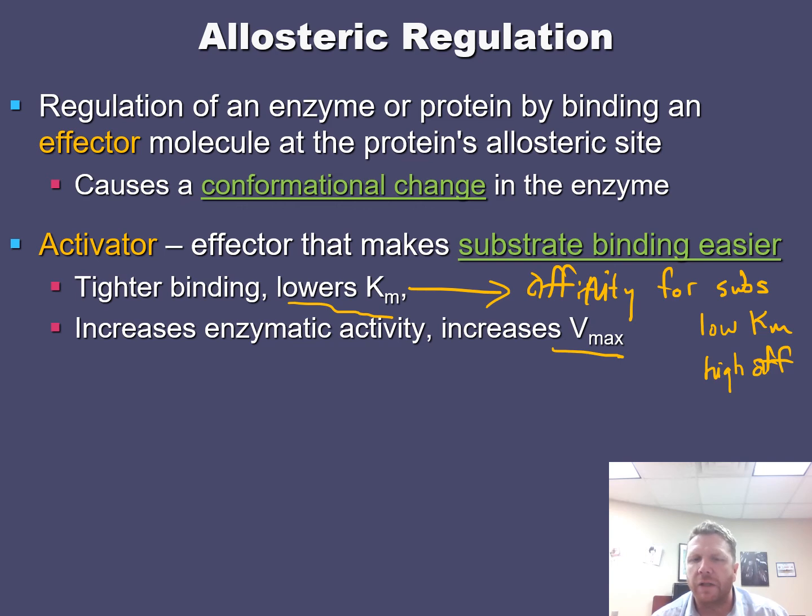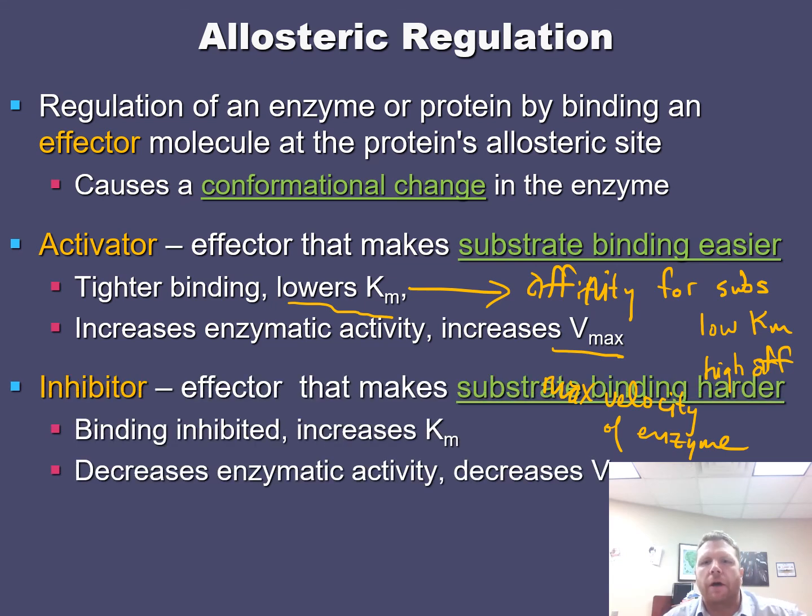What is Vmax? That is the maximum velocity of the enzyme, the fastest that this enzyme can catalyze its reaction. Now an inhibitor is going to do a couple of things.